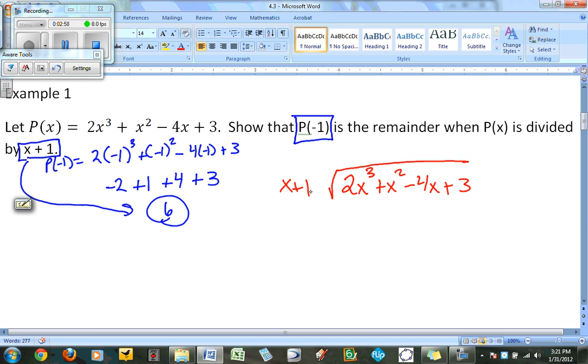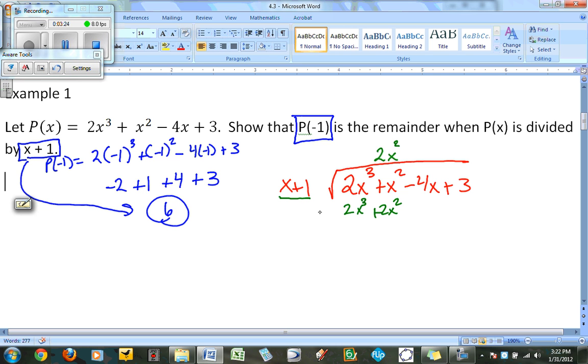All right, so when we do long division, we have to multiply this binomial on the outside by something to get this first term to cancel out. What can we multiply x by to get 2x cubed? Well, 2x squared. When we multiply this entire binomial by 2x squared, we get 2x cubed plus 2x squared.